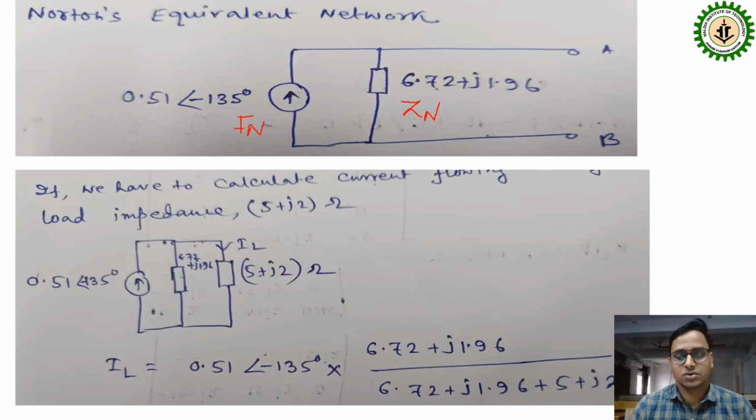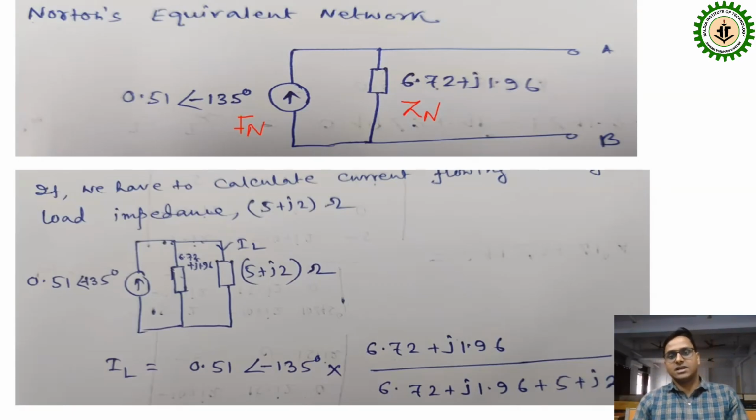IN is the Norton's equivalent current source, and this equivalent impedance is parallel with the current source. But in the earlier case, Thevenin's theorem, the Thevenin's voltage is in series with Thevenin's impedance. But here, the current source is parallel with Norton's impedance. So this is the Norton's equivalent circuit.